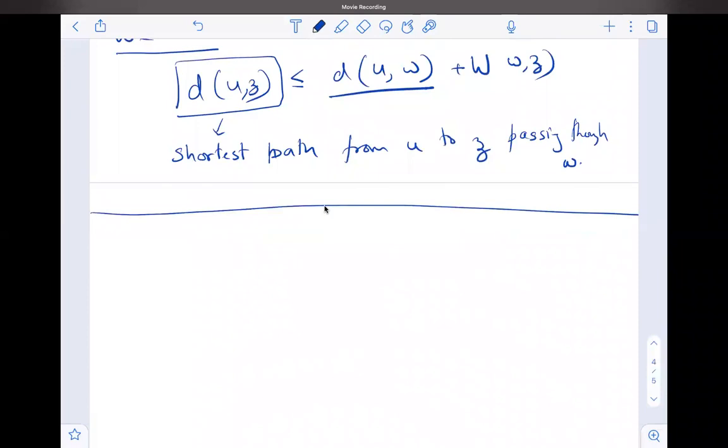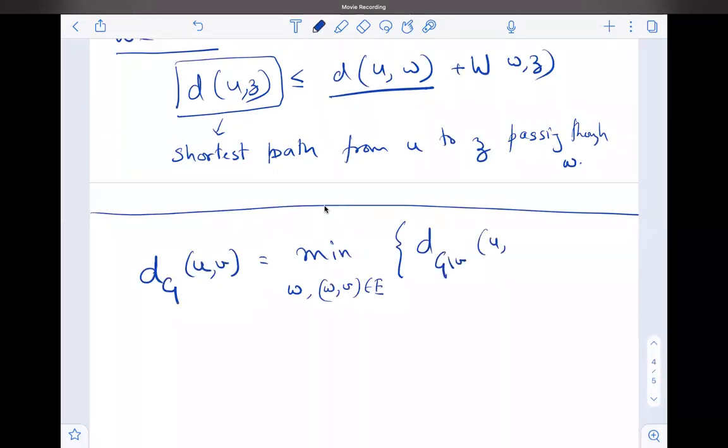So all that you say is that, okay, the shortest distance between u and v is the minimum over all the w such that (w, v) is in the graph, of the shortest distance between u and w in G minus v, plus the weight of wv.